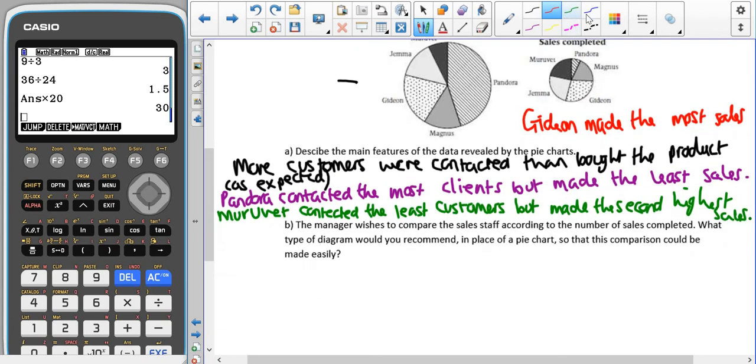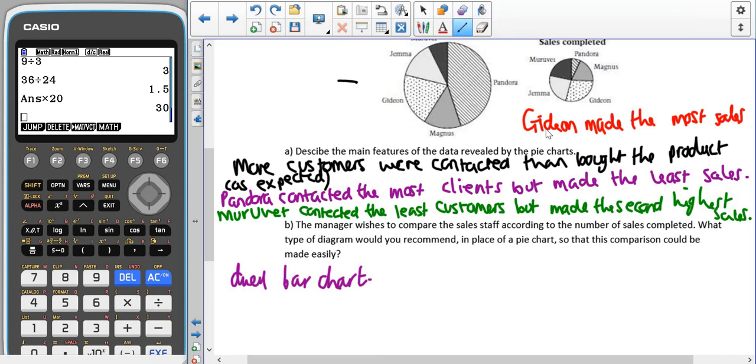So, if we wanted to have a think of how it would be easier to see sales and customers contacted, I think that a dual bar chart would be a better idea to use.